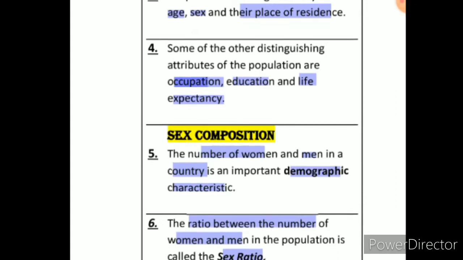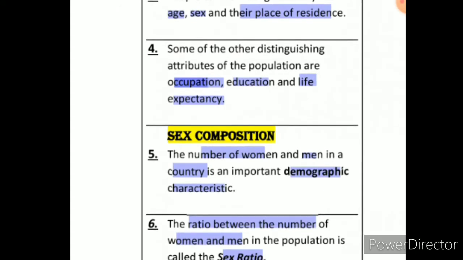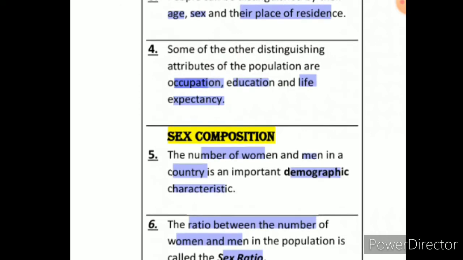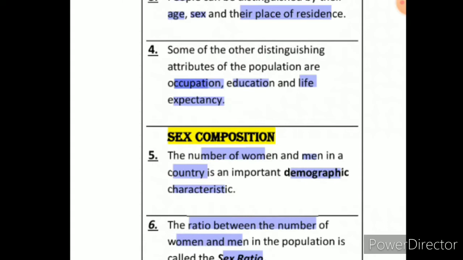In some countries there is a formula also to assess this. Mainly we have this formula: male population divided by female population, then into 1000. So in this way, number of males per 1000 females.